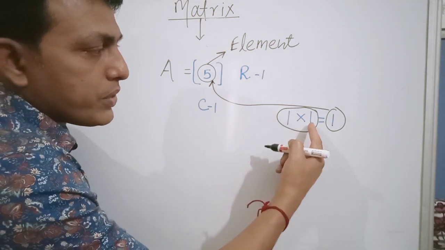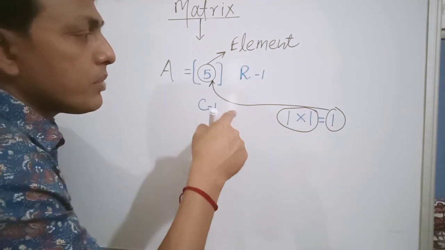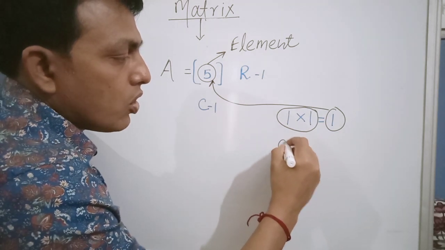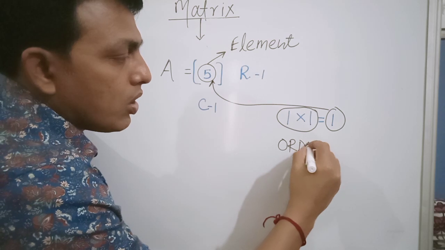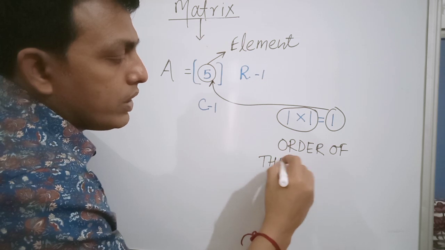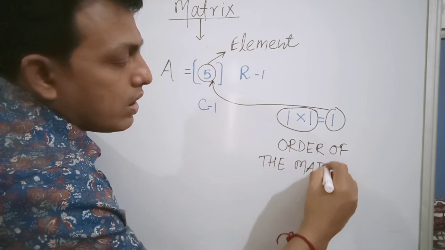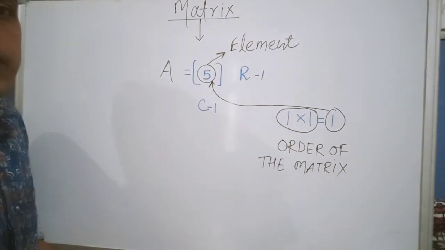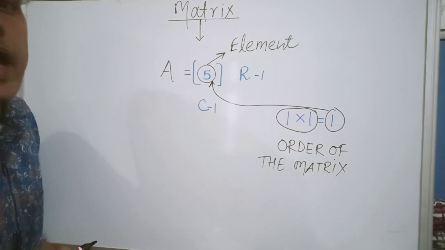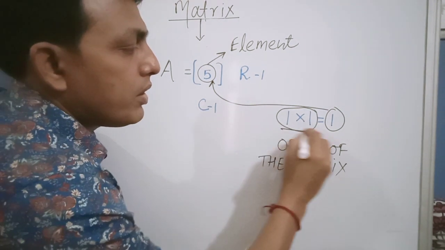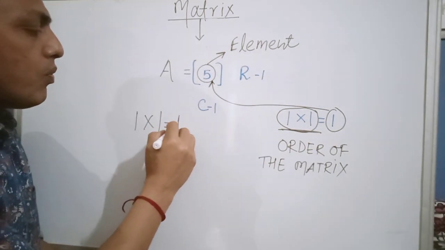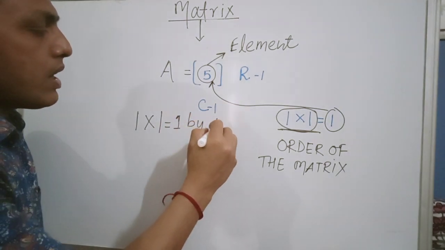So this presentation which gives you the information about the number of rows and number of columns is called the order of the matrix. So the smallest matrix can have the order 1 by 1. This is read as 1 by 1.